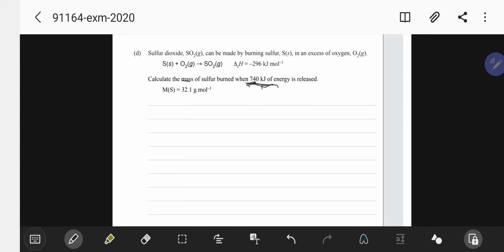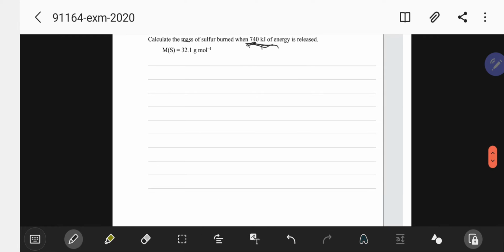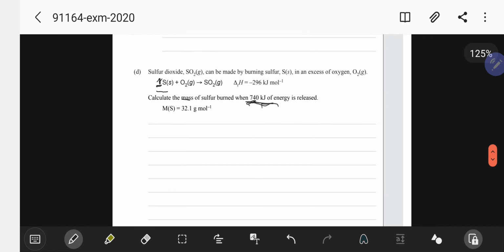So what we can do is, there's a 1 in front of the sulfur, but you don't need to write it. I'll just write it there to show you anyway. So 1 mole of sulfur releases this much energy. When the enthalpy change is negative, it's releasing energy.